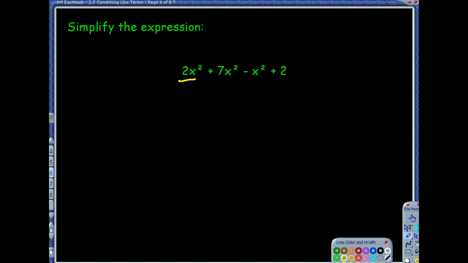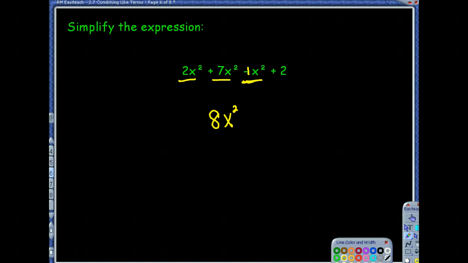Notice that I have several pieces that have x squareds with them. Because they have x squareds, they're like terms with each other. So if I look at this one, I had 2x squareds plus 7x squareds. So right now, I'm looking at 9x squareds. But then I'm taking away 1x squared. If it helps see that, that's fine. So I had 9x squareds minus a 1x squared is going to leave us with a total of an 8x squared.